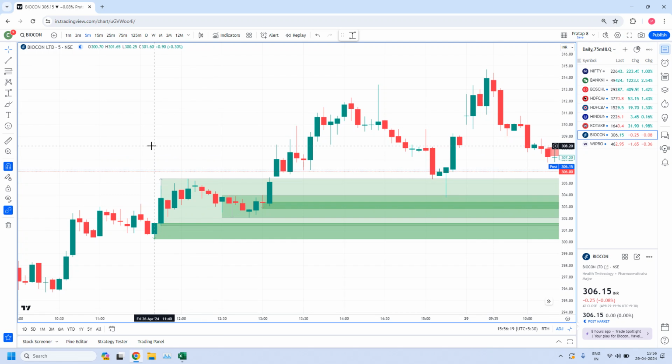If you are following the recent Nifty and Bank Nifty analysis videos, probably you will have observed this technique. For the last 2-3 analysis videos, we have been discussing this point. In Nifty and Bank Nifty, one of the stocks from a 75-minute zone created a daily high liquidity zone.